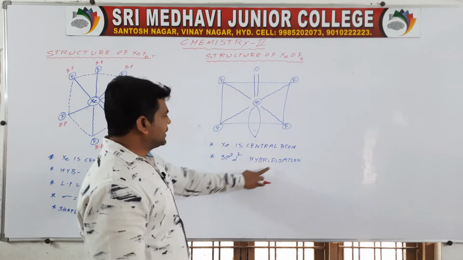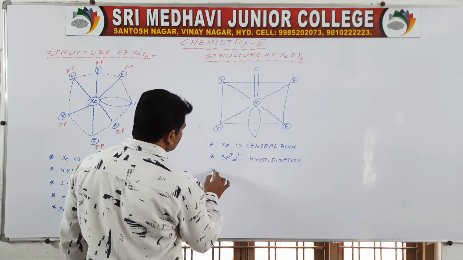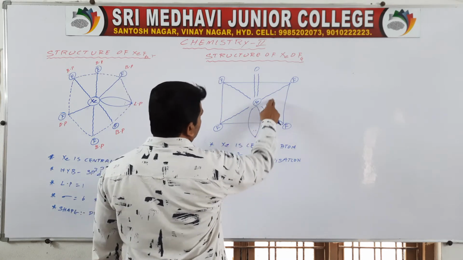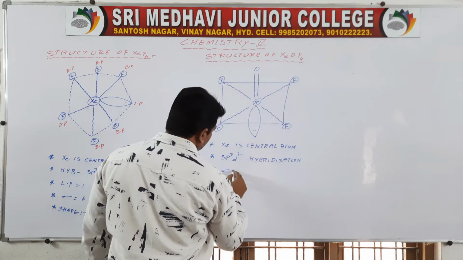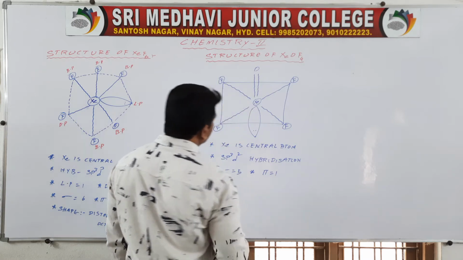sp3d2 hybridization. Next, how many sigma bonds? 1 2 3 4 5 sigma bonds and 1 pi bond.